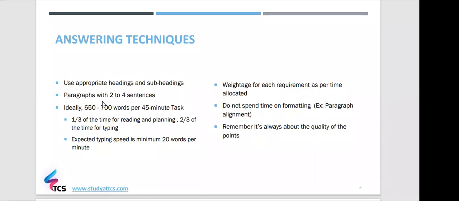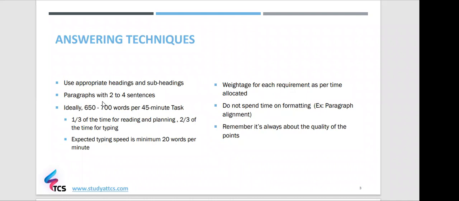When coming up with paragraphs, for each answer point you need to come up with a paragraph. So let's assume in one of the questions you have 9 answer points, then you need to have 9 paragraphs. You are not supposed to provide answers in bullet points or single lined sentences.